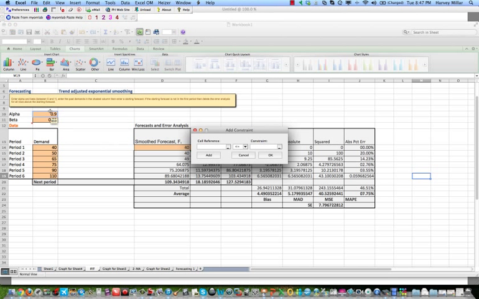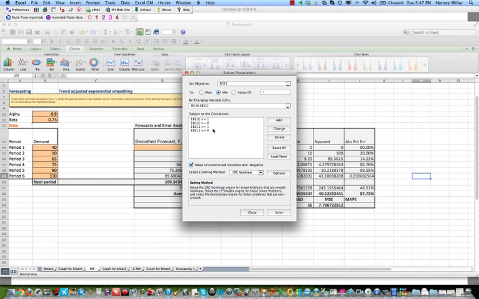I'll also take the same value and say that is greater than or equal to 0. I'll add that. Then I will take this value and say that is less than 1. I'll add that. And then I'll say the same value is greater than or equal to 0. And I will say OK because this is my last one.